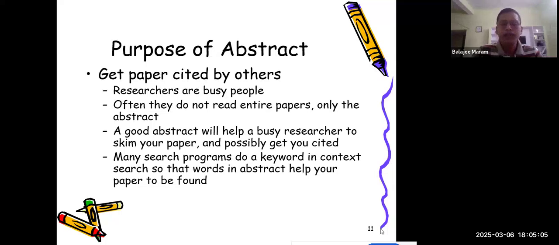And many such programs use keywords, so the words in the abstract help your paper to be found. After the abstract, usually we include at least 5 to 8 keywords. What is the use of a keyword? When we are searching for something, we search based on keywords only.